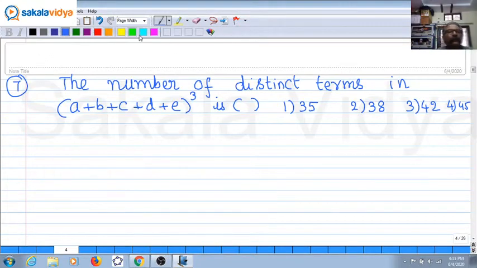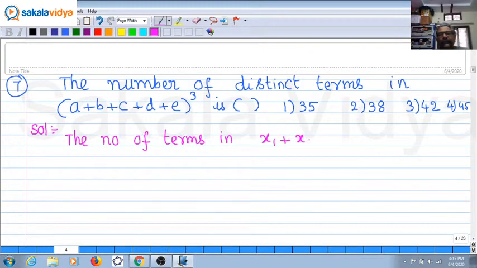So now the number of terms in (x1 plus x2 plus x3 plus so on up to xr) all to the power of n equals n plus r minus 1 C r minus 1.